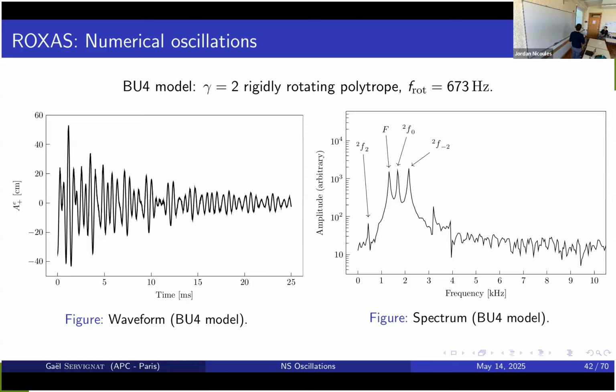On the other hand, we have this gravitational wave signal that can be useful for both detection and parameter estimation of astrophysical sources in the data analysis for Einstein Telescope, say. At this point, it's not really realistic because it's not a realistic equation of state. It's only rigidly rotating.